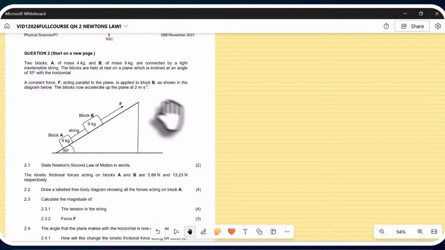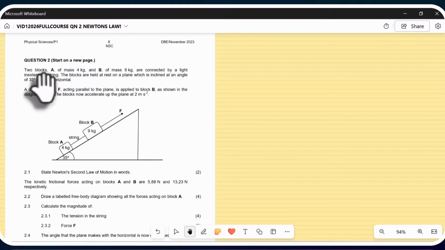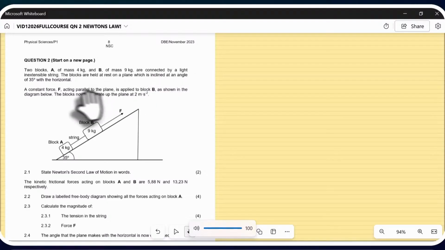Let us start now. This is question 2, November 2023. It says here, the two blocks A of mass 4 kg and B of mass 9 kg are connected by a light inextensible string. The blocks are held at rest on a plane inclined at an angle of 35 degrees with the horizontal.